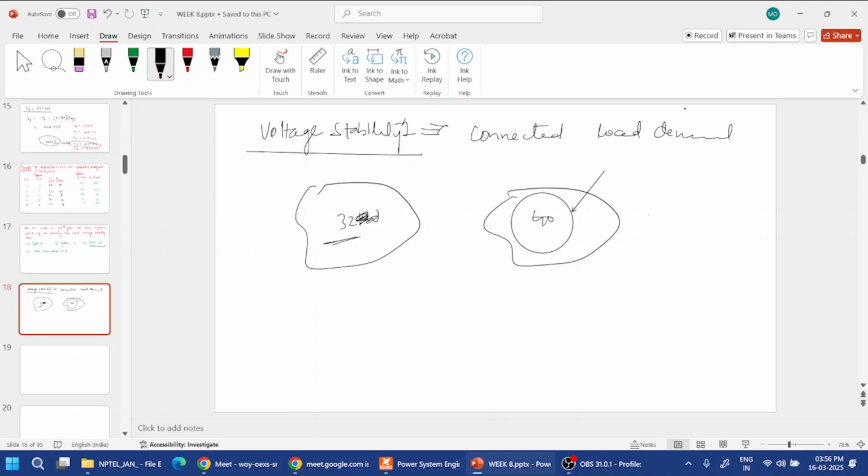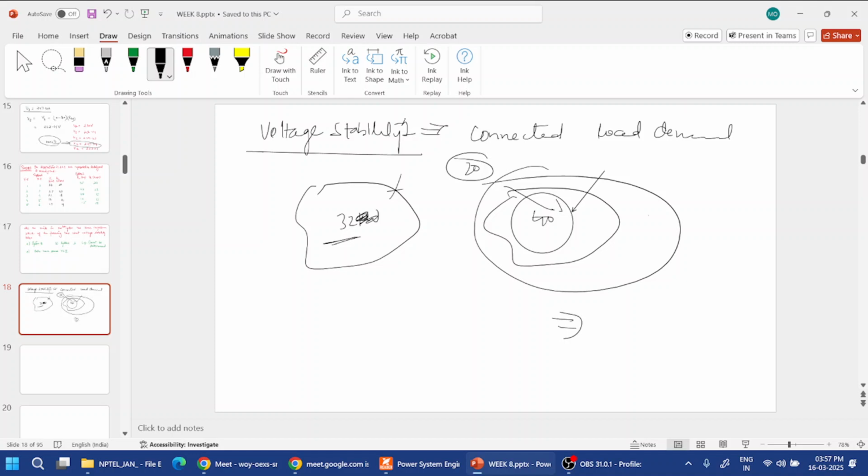If we add, let's say, 20 to both, I can clearly say the load on the second system is higher. So it eventually leads to a worse voltage profile, and a worse voltage profile will give an indication that that system has a worse voltage stability index.